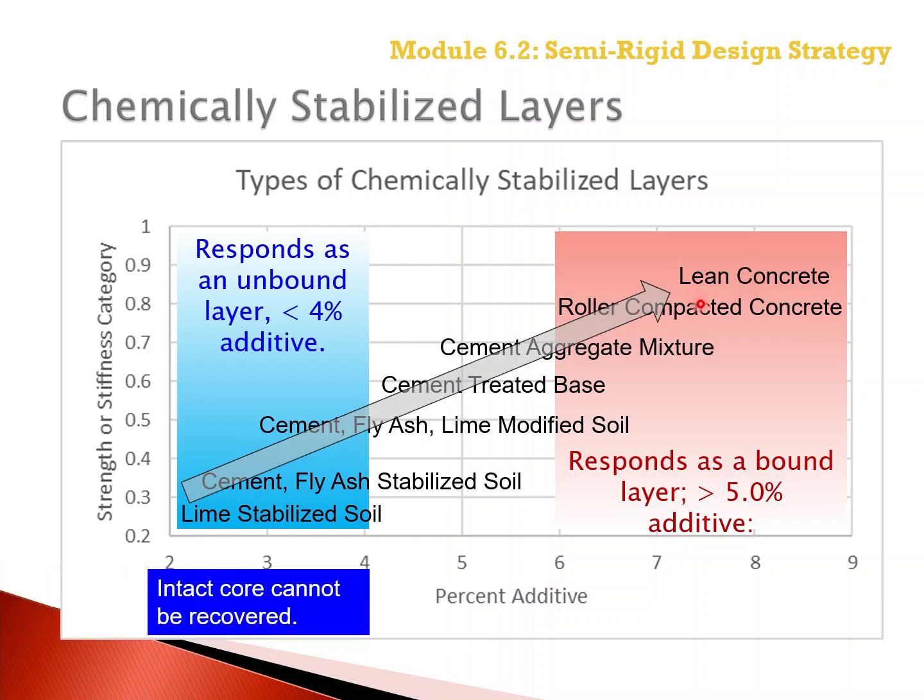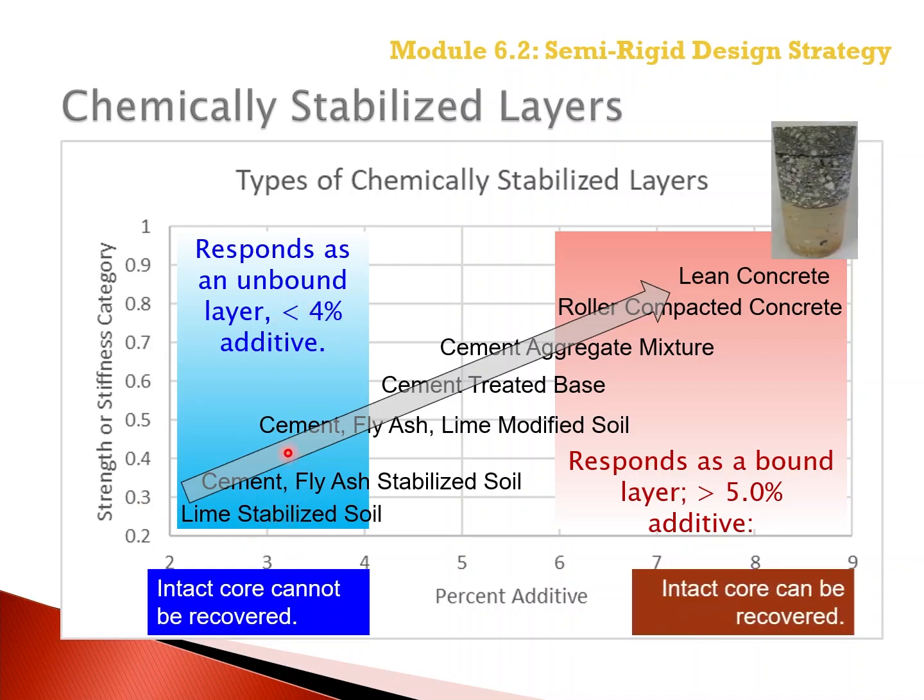So in general, if an intact core cannot be recovered from the compacted material, then it is generally assumed that it is behaving or will behave as an unbound layer. And that's generally where the amount of additive is less than about 4%.